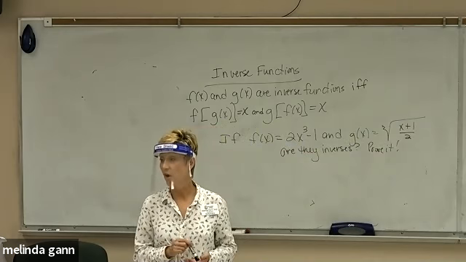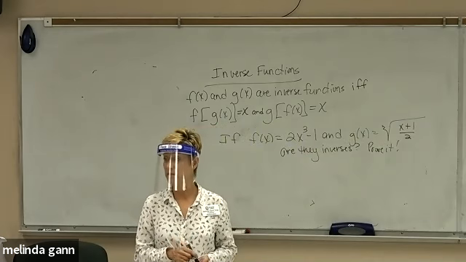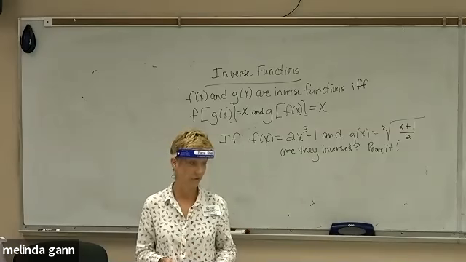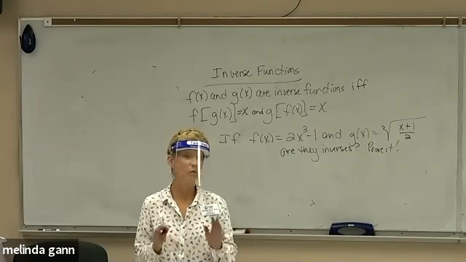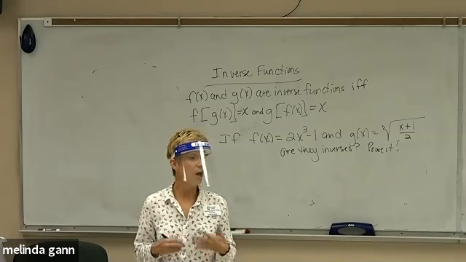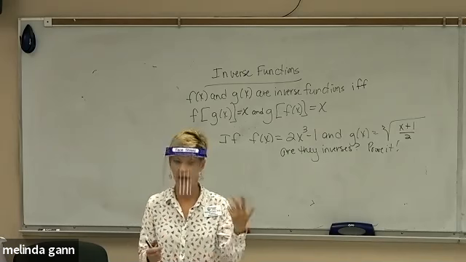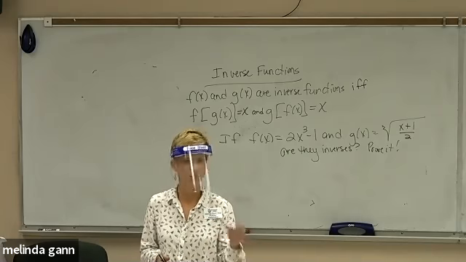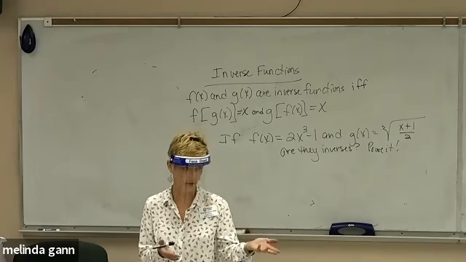A proof just means argue. And you've been arguing with your mama since you could physically speak. I'm just going to give you points for it. But you're all really good at it. All a proof is, is telling me what you know and how you know it. It's just that the how you know it can't be Jesus told me. It probably is true, but it has to be a mathematical reason.